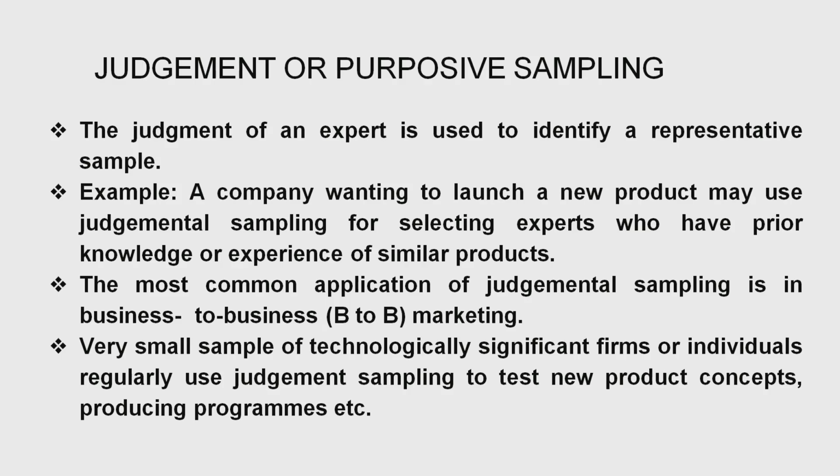Only technologically significant firms or individuals regularly use judgment sampling to test their new products. You know very well that every company has an R&D department, research and development. They will be using this kind of sampling technique to test their new products.